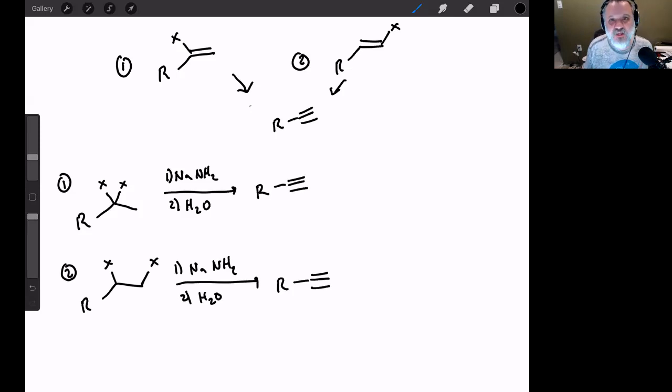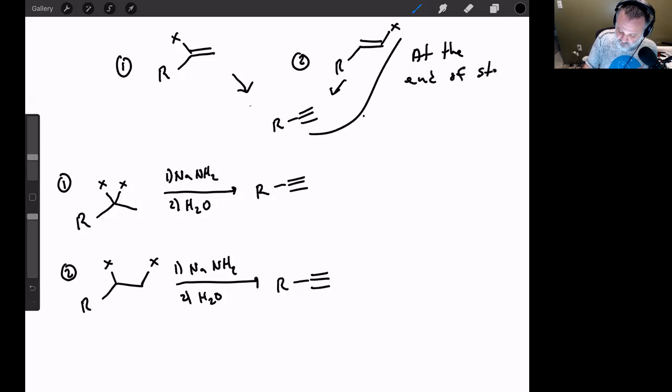Now, why do we need aqueous workup? Well, it's just because we just described that sodium amide is sufficiently strong to produce an alkynide ion. So in step one, I'm going to go over here. At the end of step one, you actually end up with the alkynide ion.